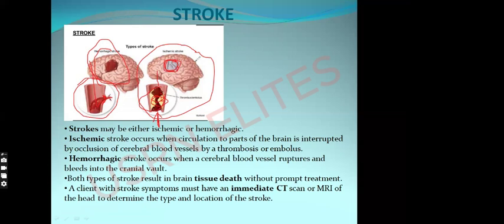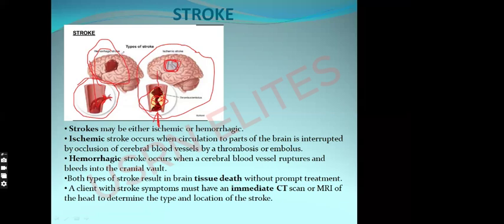And stroke always depends. The parts of your body which are affected depend on where the brain has been affected, or where the stroke is occurring. Let us take note. Both types of stroke result in tissue death.